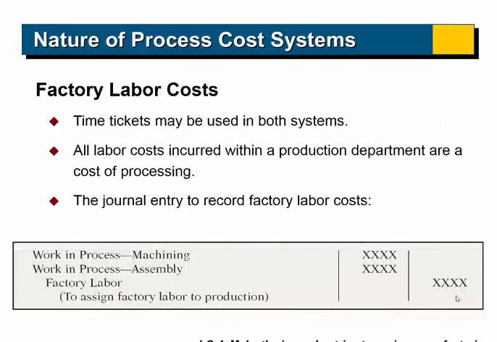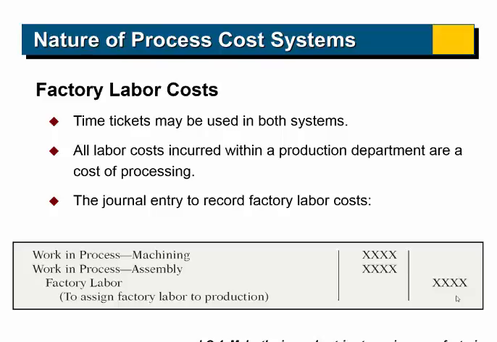Here's the factory labor. Again, we're still going to be using time tickets. We're going to be tracking that direct labor in these distinctive work in process departments. And then we will journalize those dollar amounts out of that factory labor account, which captured all factory labor.